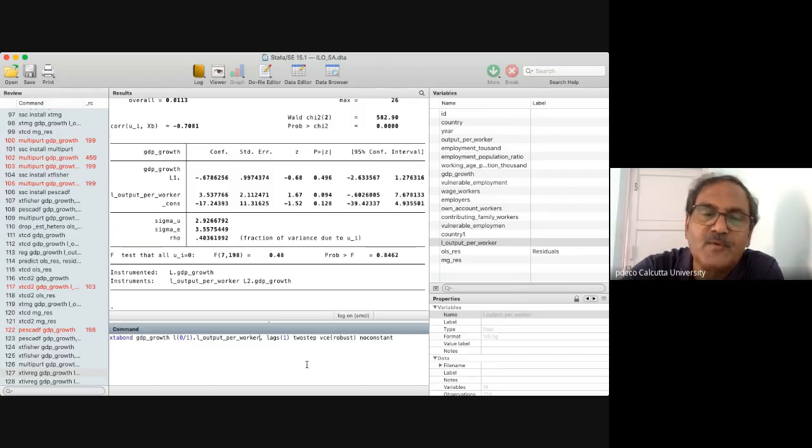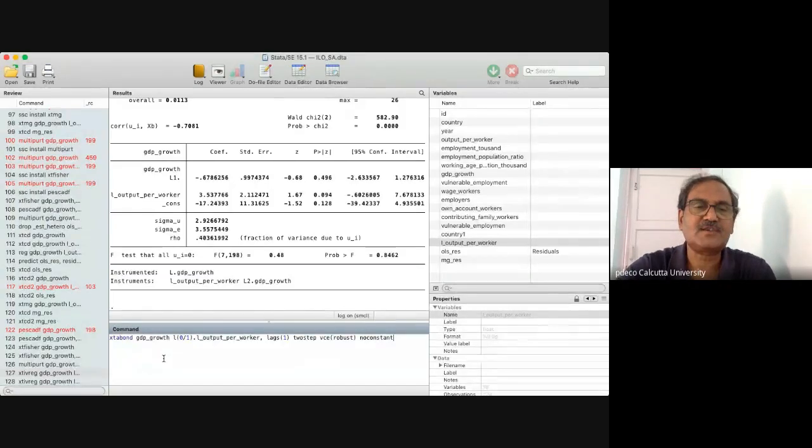We are using AR1 model, so you have to write after comma lags 1. This is a two-step method. We need to adjust the heteroscedasticity. For that purpose, we have to write vce robust. No constant means we are ignoring the intercept term.